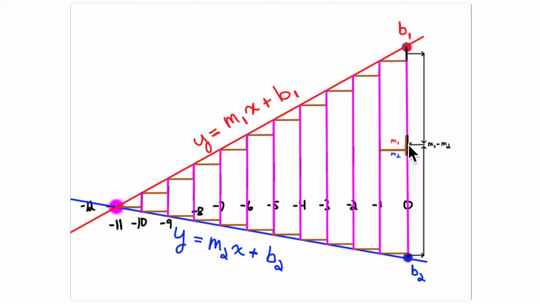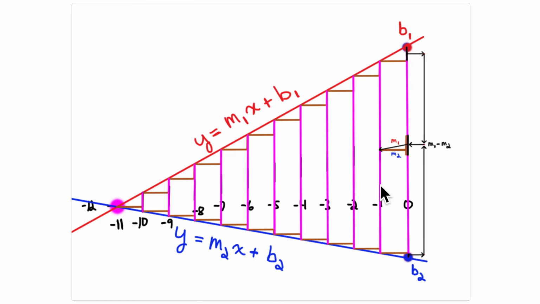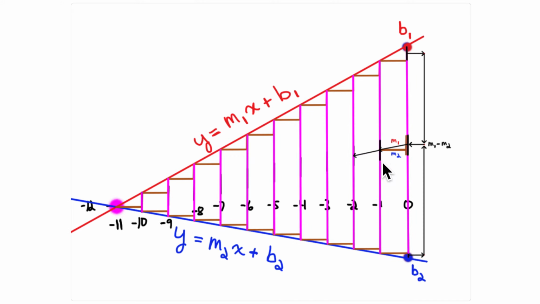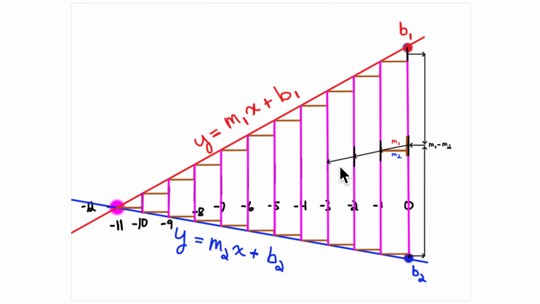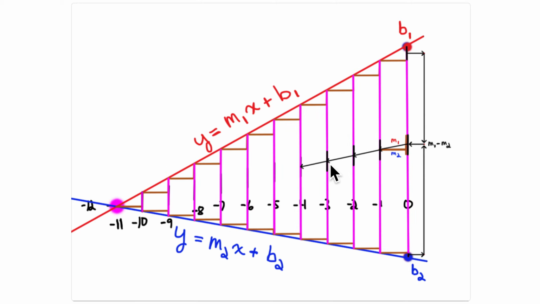So this is M1, this length, same as this length. This is M2, it's this length right here. I just moved it up here. So this length is going to be removed, and you're going to end up with this length. That same length is going to be removed, and you end up with this length. That same length is removed, you end up with this one, and so on.